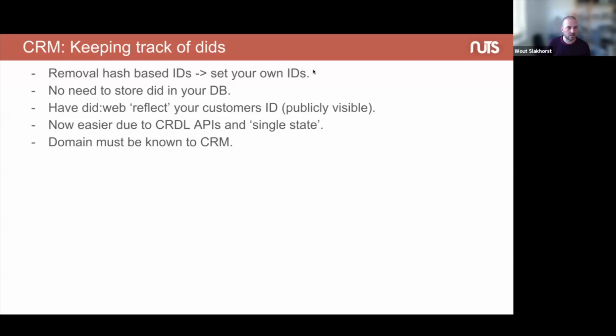But if you're already using UUIDs, for example, for your customers, you can just reuse them. Keeping track of the DIDs and also the services that have been added to the DID is much easier because there are just CRUD APIs on it.